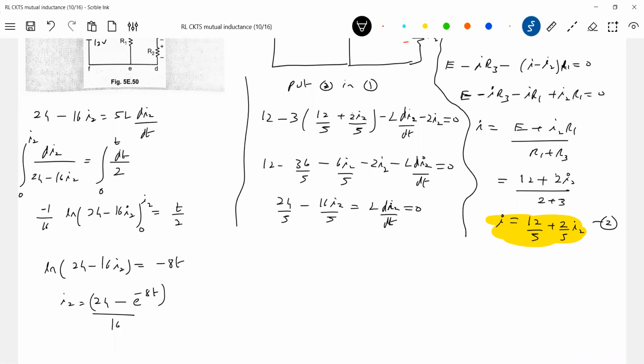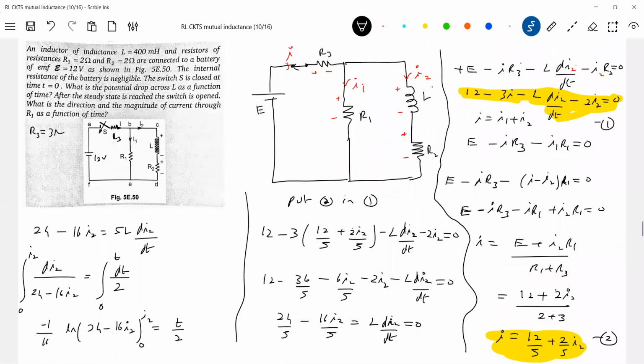This is the expression for current as a function of time. So like this, I'll get the current, and the question asks the direction and magnitude of current through the R1 as a function of time.